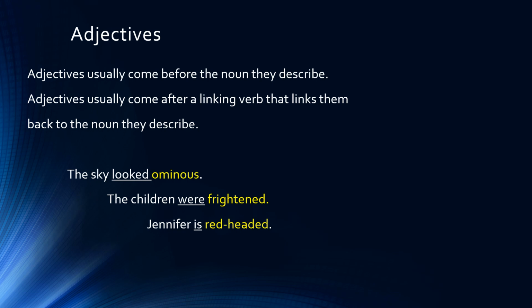We have the linking verb is that links redheaded, the adjective, back to Jennifer, the noun in the sentence. We'll talk more about what type of adjective this is just a little later, but remember that adjectives usually come after a linking verb that links them back to the noun they describe.